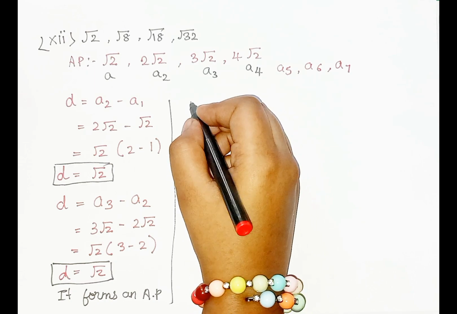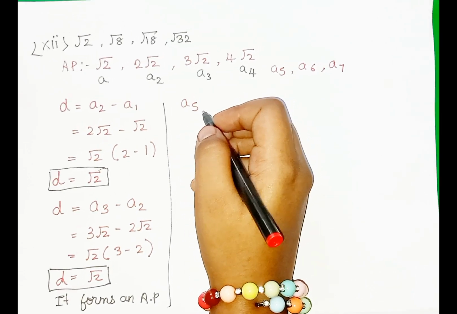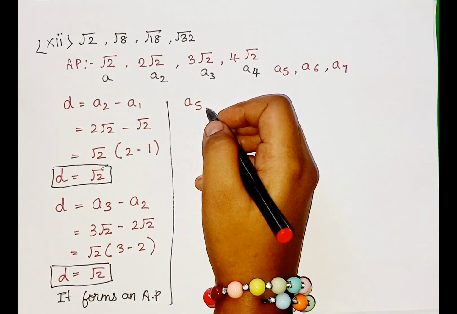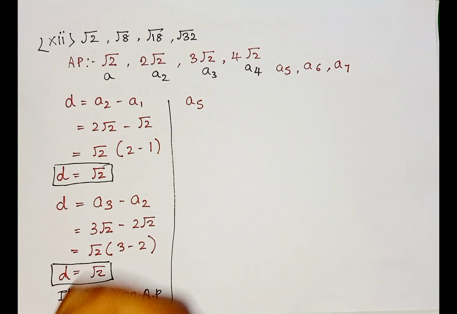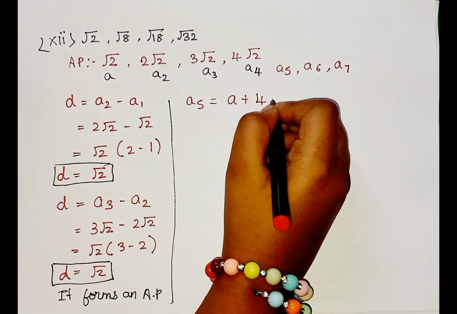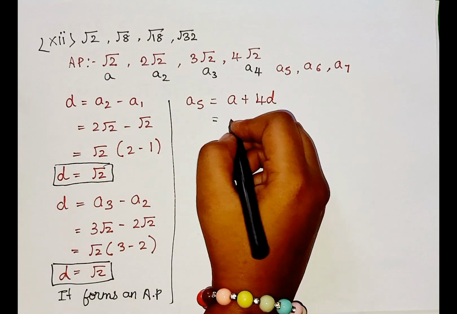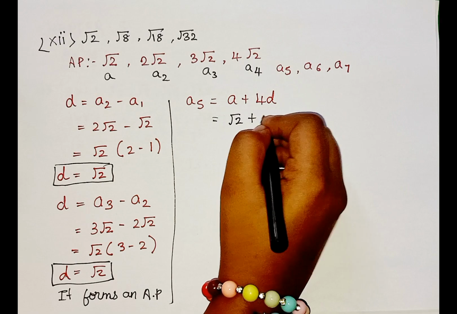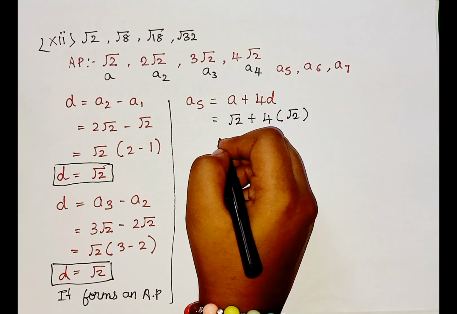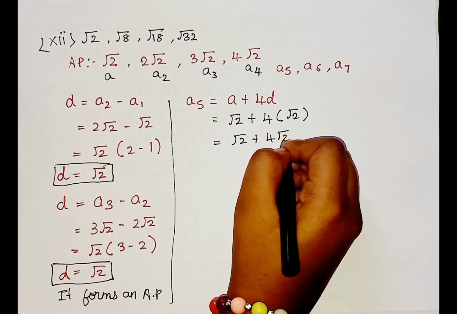So A5. What is the formula, guys? We have a formula, right? So let us use that formula. The formula here is A plus 4D. So the A value is root 2 plus 4 into D value, which is root 2, equal to root 2 plus 4 root 2.